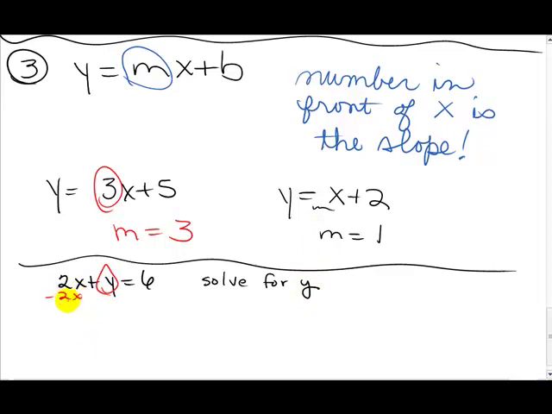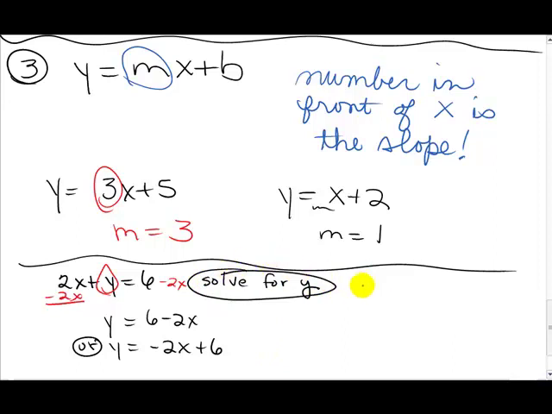So minus 2x, moving the constant, minus 2x. y equals 6 minus 2x, or you could rearrange it to say negative 2x plus 6. Let's look at another one. Again, we want to get the y by itself.